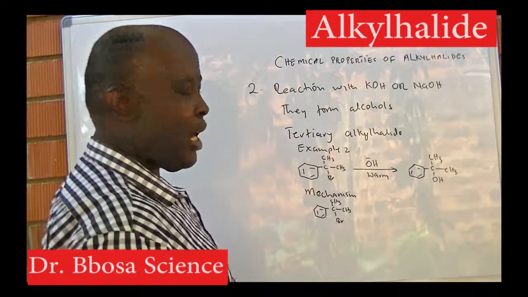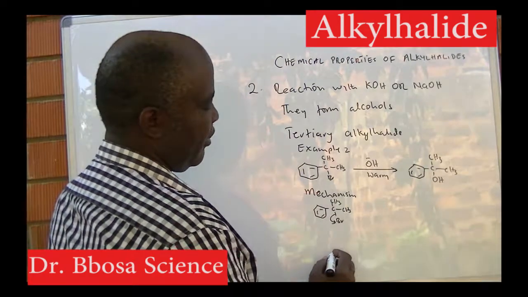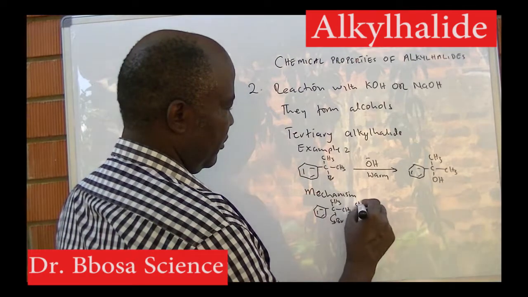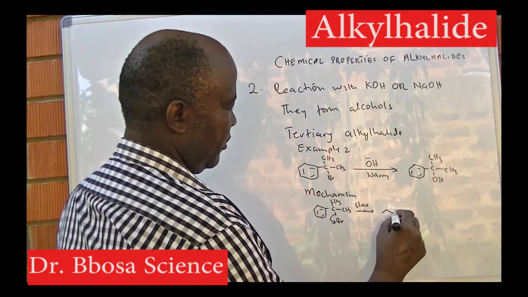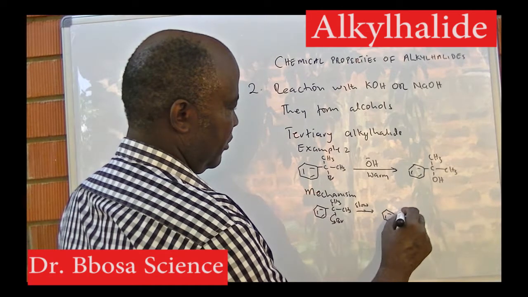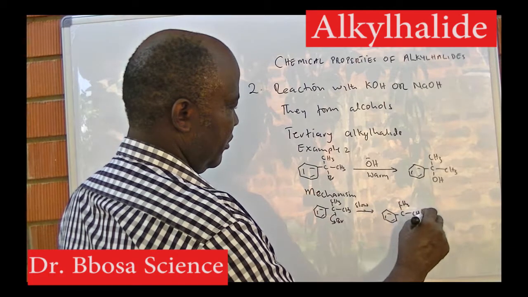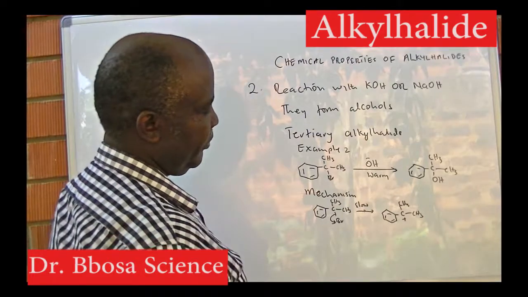This being a tertiary alkyl halide, the bromine ion is first lost. You get a positive charge.